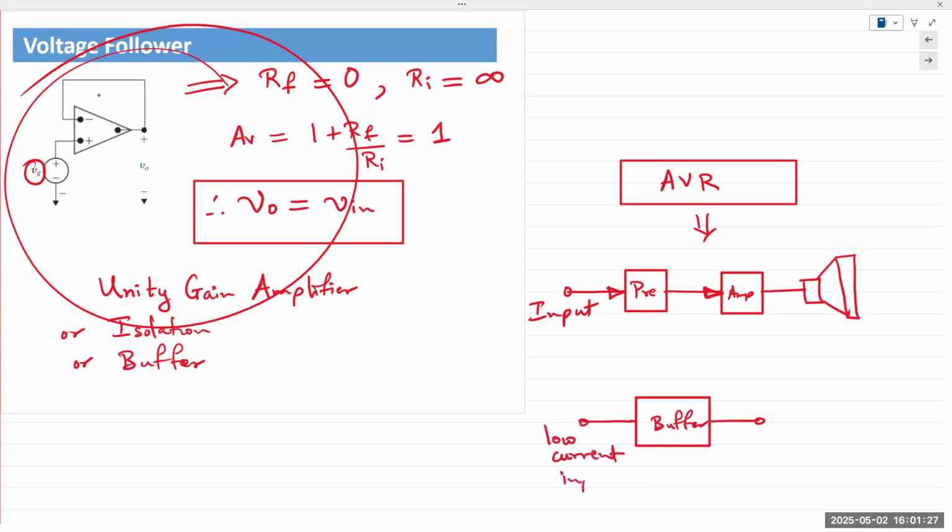Low current input. If you provide that low current input directly to your circuit, it's not going to work. So this buffer isolates it. If you give a tiny voltage Vin, you would get the same voltage at the output, but you'd have high current output.